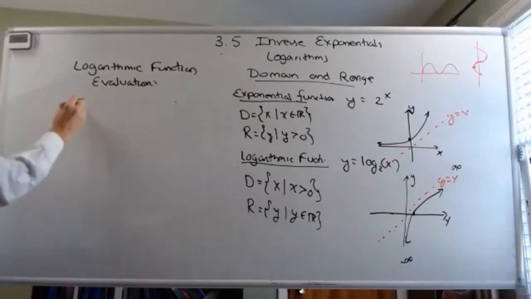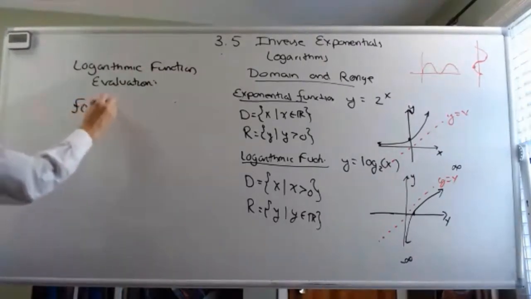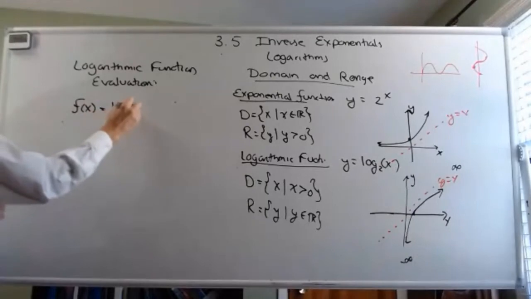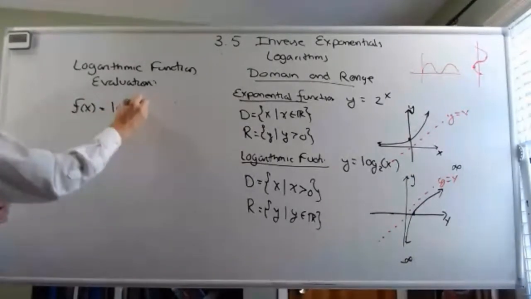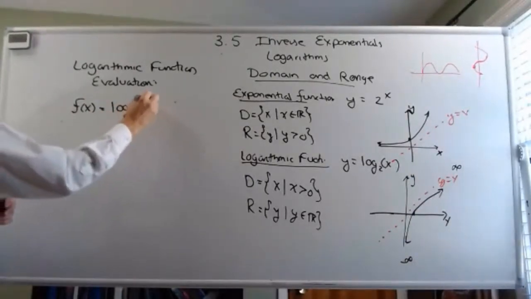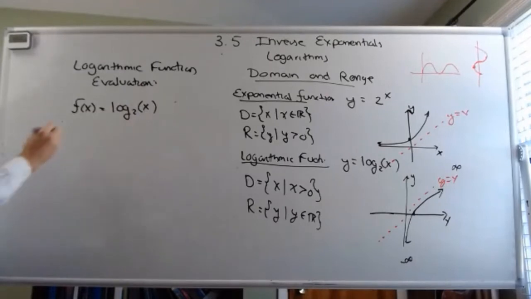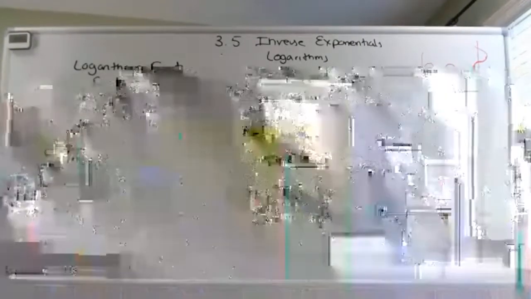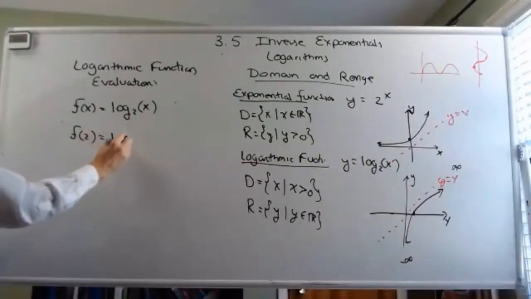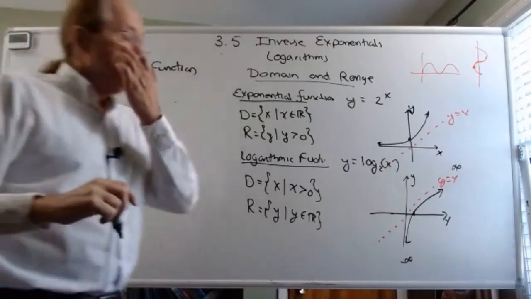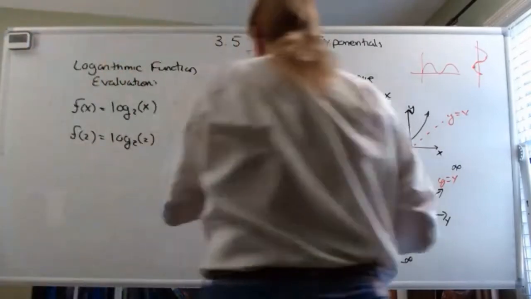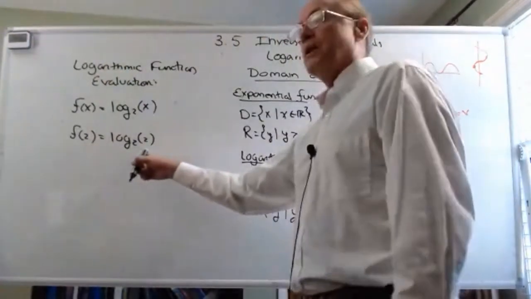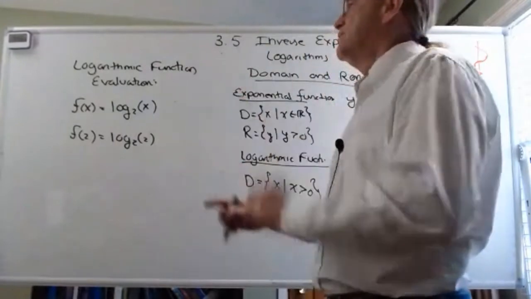Let's say my f of x is the log in the base 2 of x, and say I want to evaluate f at 2. So I want to compute the log in the base 2 of 2. How do I do that? You're going to notice on your calculators, most of them don't have a log in the base 2 button. We're going to show you how to fudge that.